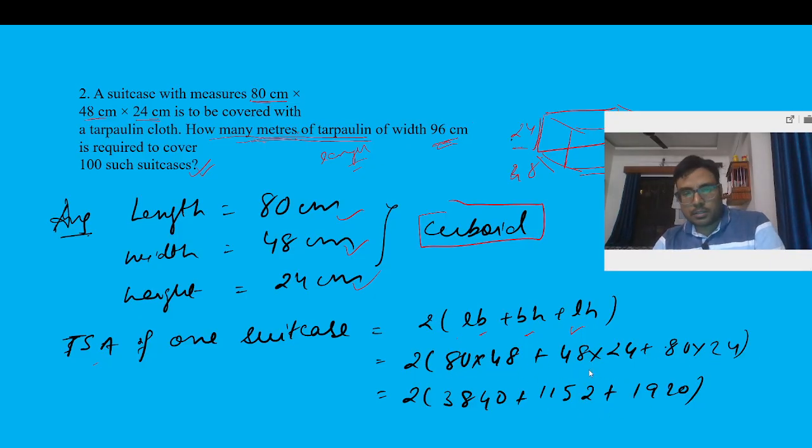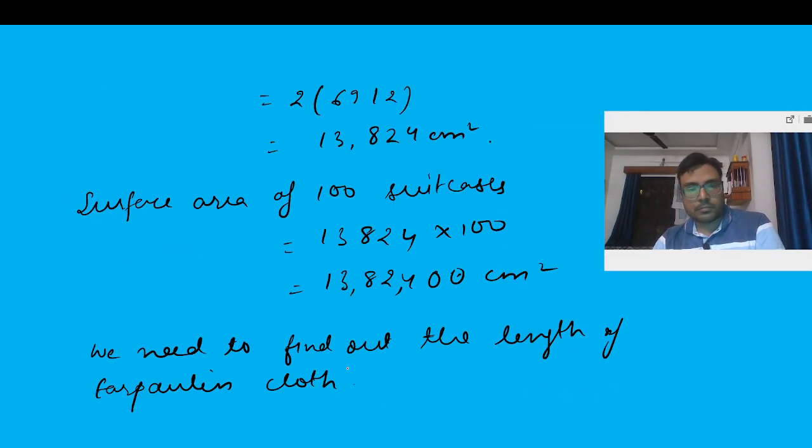You have to multiply this separately. So total surface area of one suitcase will be this. Now you have to cover 100 such suitcases, so surface area will be multiplied by 100. Now you got the area.